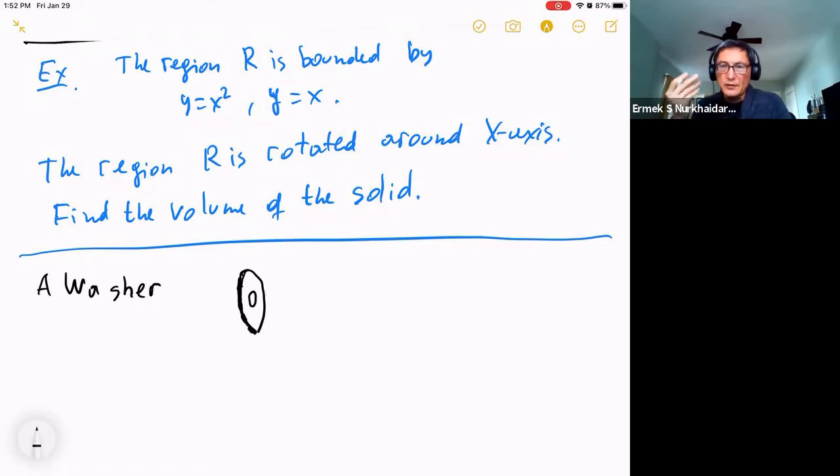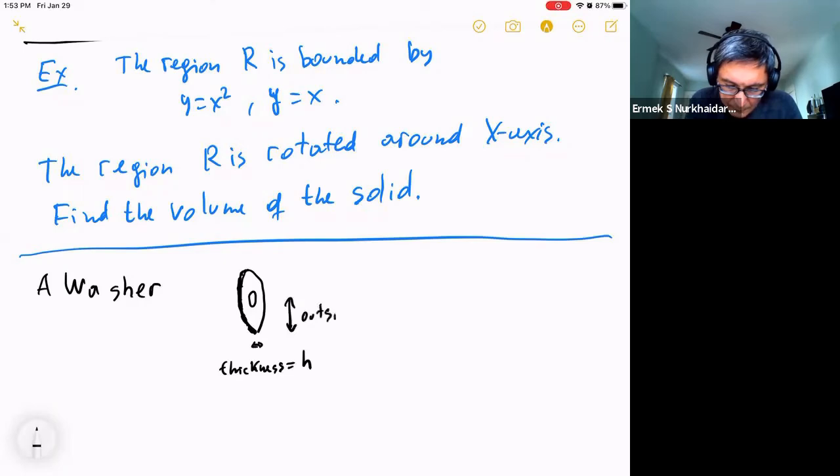It's solid, but it's very thin. So it has some thickness, right? Thickness. We kind of say it's h, just look sideways, right? And then it has inside radius and outside radius.